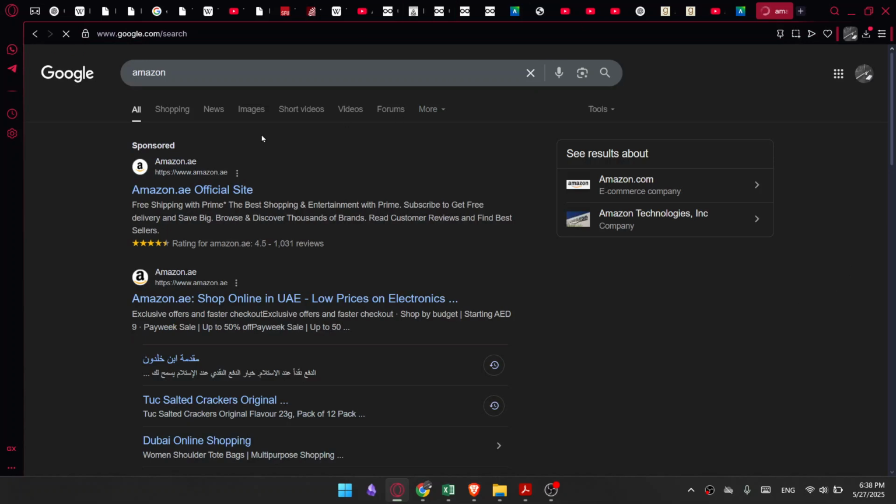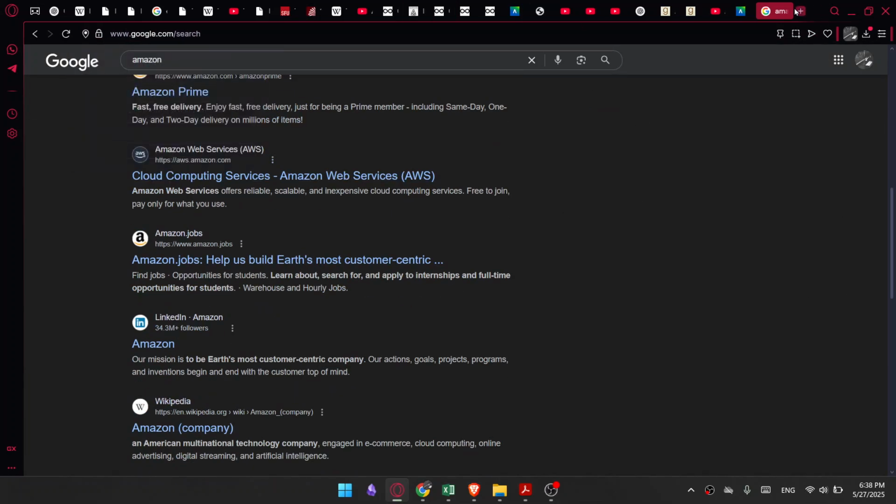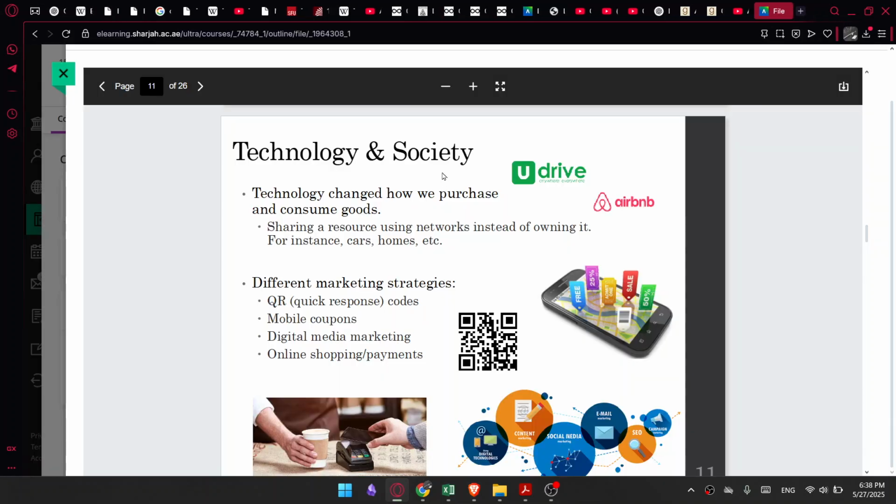This application has lots of items and many categories that you can choose from, and you can purchase items and consume goods.